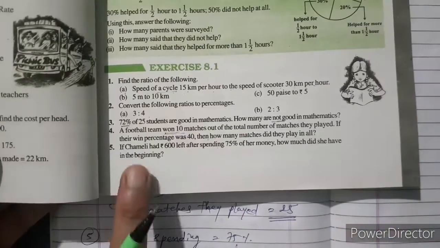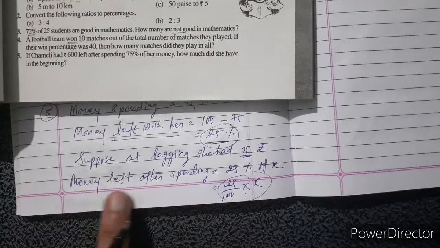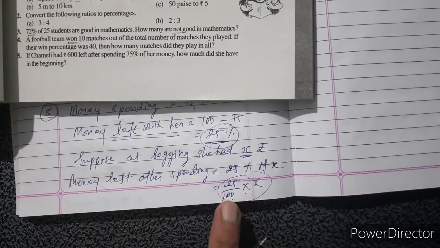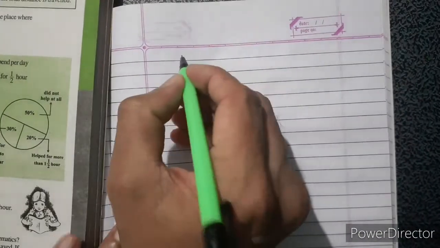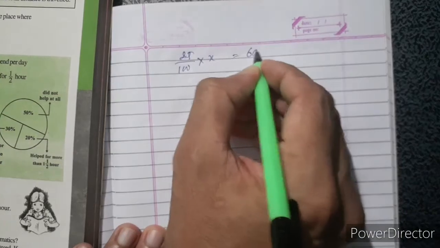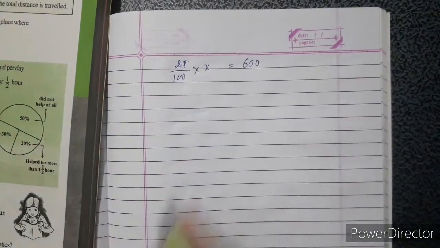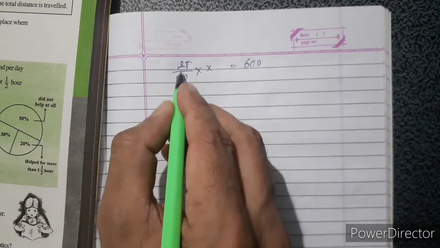Look here. Chameli had 600 rupees left after spending. And here money left after spending is 25 upon 100 into x, so both are the same. So 25 upon 100 into x is 600. Now change the side.